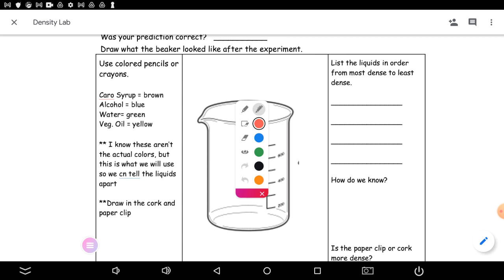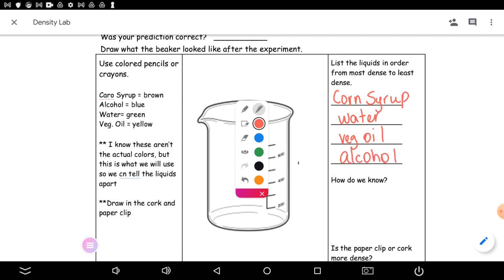The corn syrup, or Karo syrup, whatever you called it. The corn syrup was the most dense. What was a little bit less dense than the corn syrup? The water. Okay, what came next, Maya? The vegetable oil. And again, fix these if you missed them. And what was on the top, Bryson? Alcohol. The rubbing alcohol, yes.